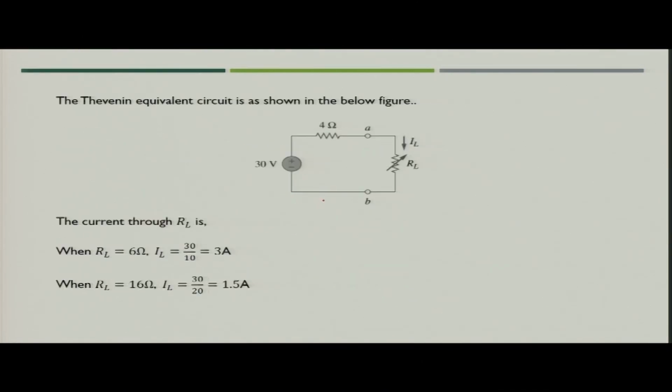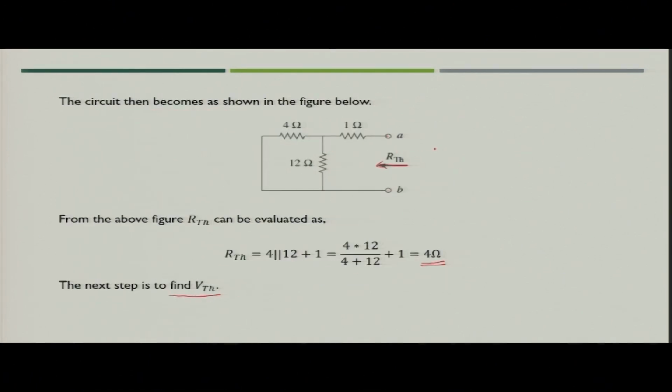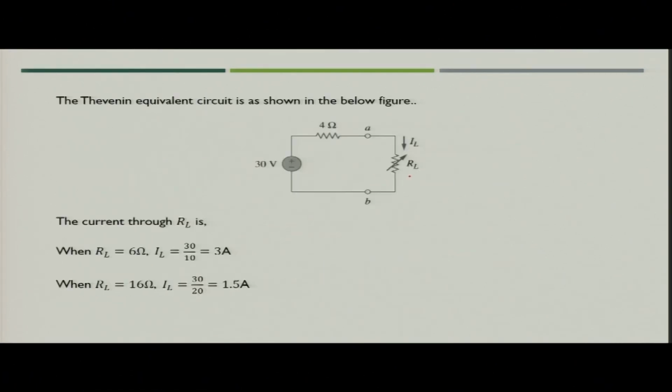Now, your equivalent circuit of the particular figure which we discussed is 30 volt, that is VTH, and 4 ohm, that is RTH, and across the terminal A B you will apply variable resistance, where you have to find out the value of load current for 6 ohm, 16 ohm and 36 ohm.